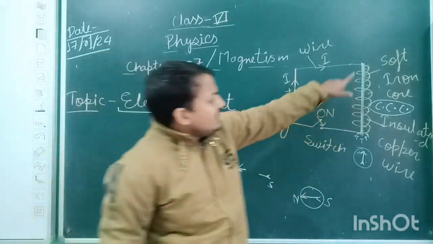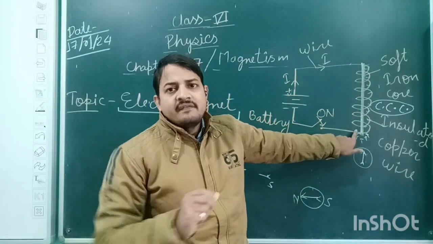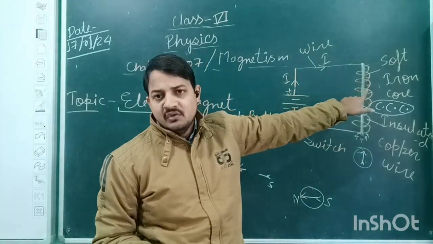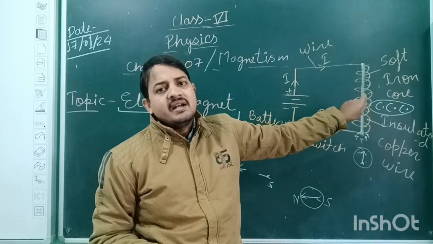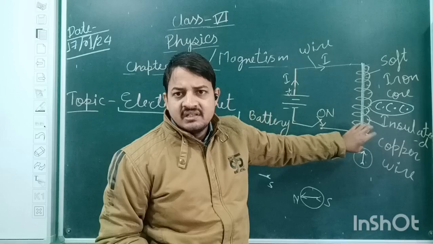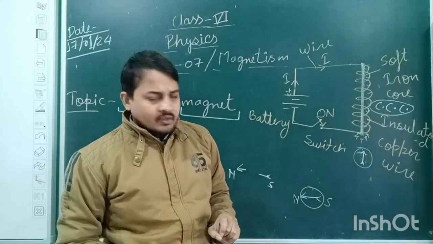Earlier this was a normal soft iron core, but by passing electrical current in this conductor continuously, it is acting as a current carrying conductor. And whenever we take a magnetic compass near it, it shows some kind of deflection.